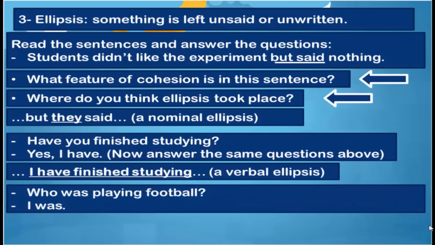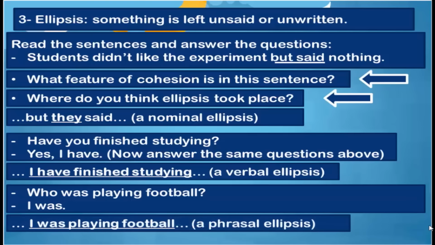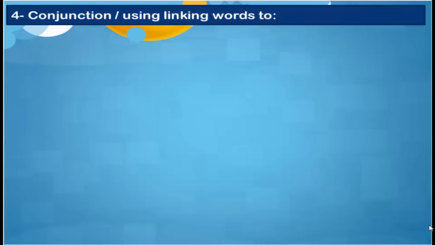Who was playing football? I was. I was what? I was playing football. The omitted part is a whole phrase, so this is a phrasal ellipsis. Phrase means a verb, playing, plus a noun, football. That's quite perfect.